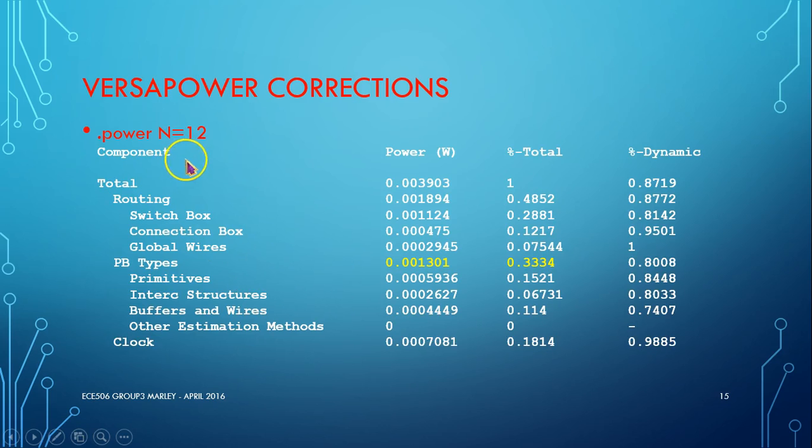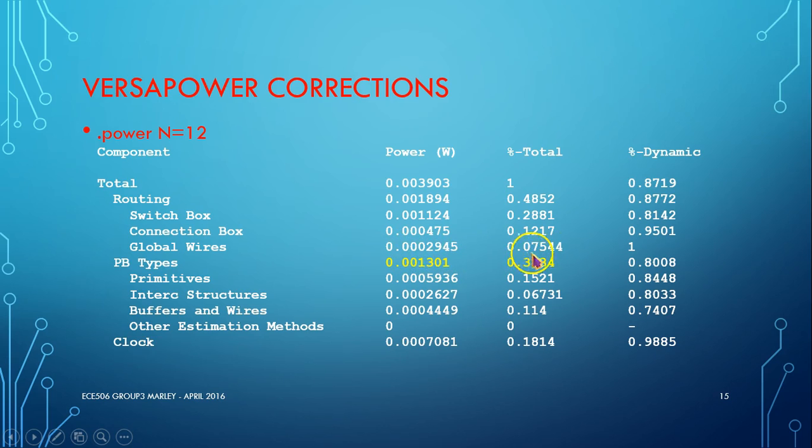So here's the dot power file. If you never sat and looked at it, there's some good data to be learned here. Here's the logic. The PB types are basically the logic power. So we have how much power the logic is using, and this is the percentage of total power that number represents.